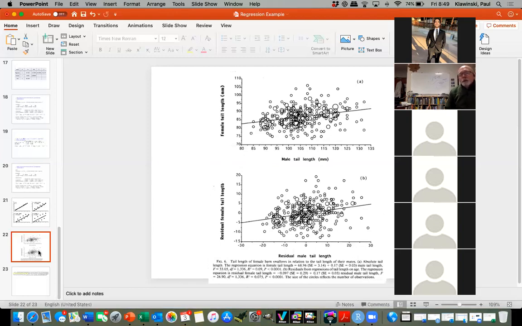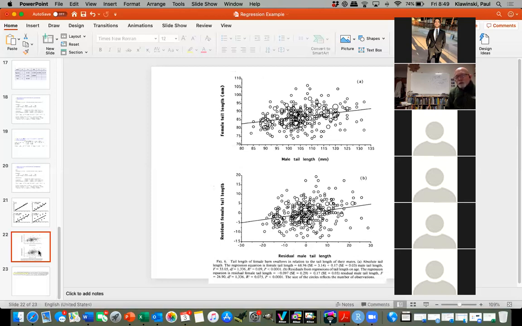And so when I first saw this paper back in the mid 1990s when I was in graduate school, I looked at this regression and I said, that regression doesn't really tell me anything, because even though the slope is different from a slope of 0, male tail length doesn't really explain much of the variation in female tail length. So R-square is just another way.